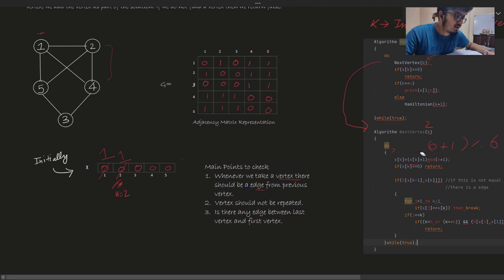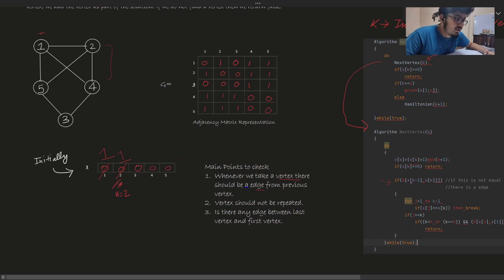Now we will check whether x2, which is 1, is equal to 0. No, it is not equal to 0. First go into this.